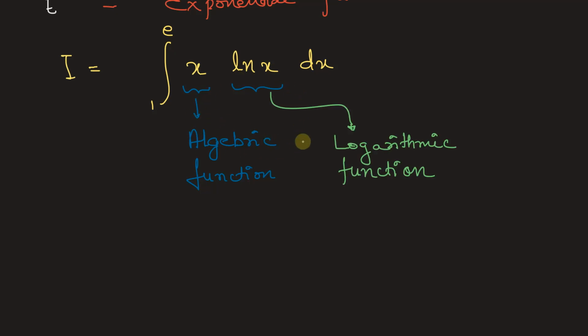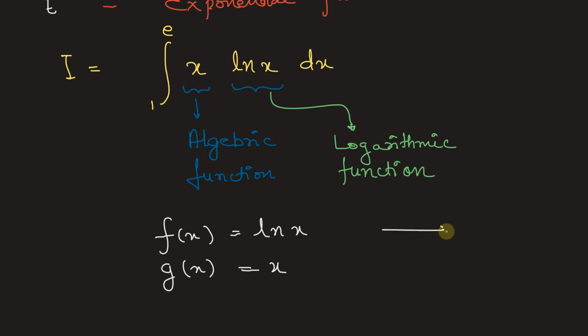So according to the rule explained above, we consider f of x as ln x and the second function g of x as x. If we consider this order, the integral will be very easy to solve.